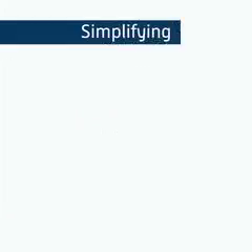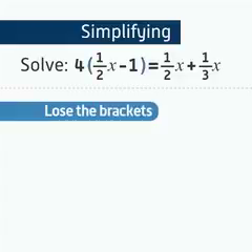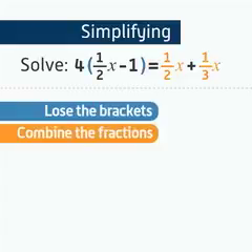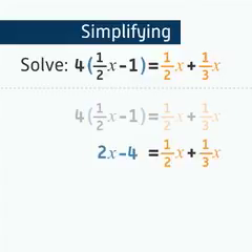There may be some simplifying to do before you start solving the equation. For example, to solve 4 times (half x minus 1) equals half x plus a third x, you want to lose the brackets and combine the fractions on the right-hand side. Expanding the brackets on the left gives 2x minus 4.